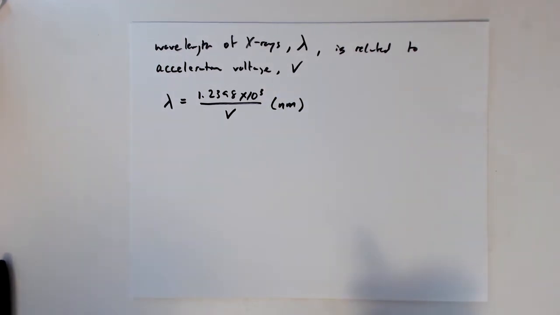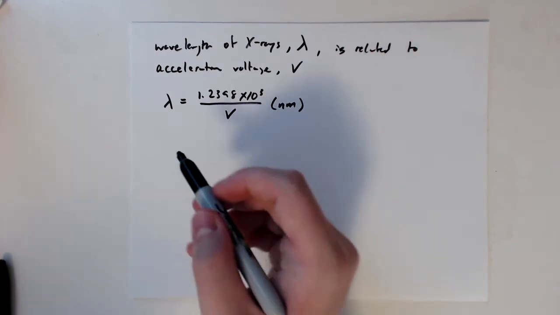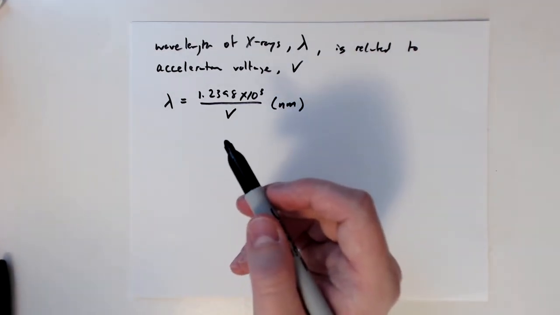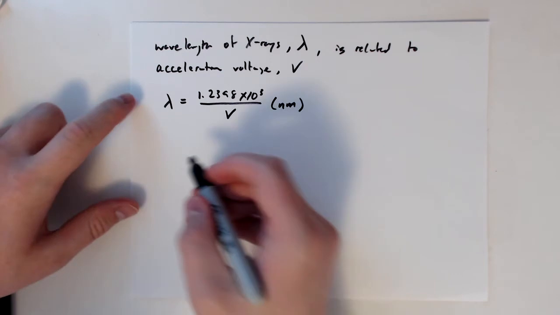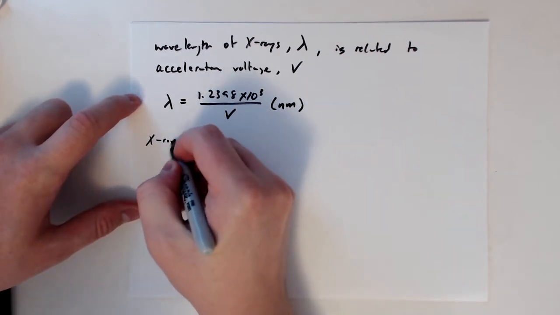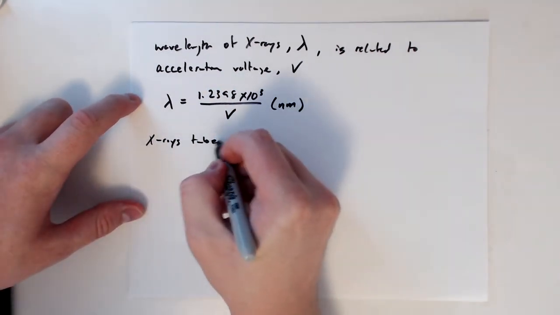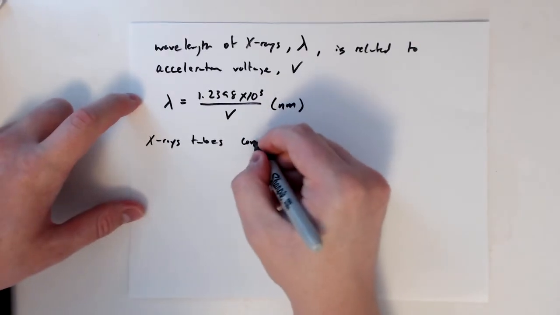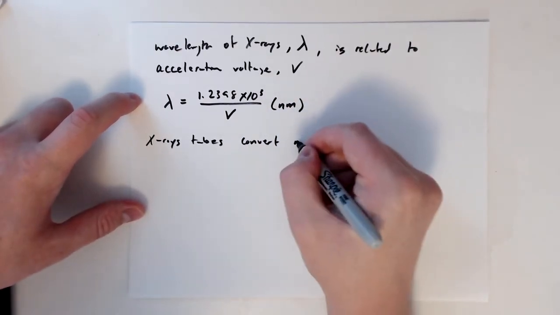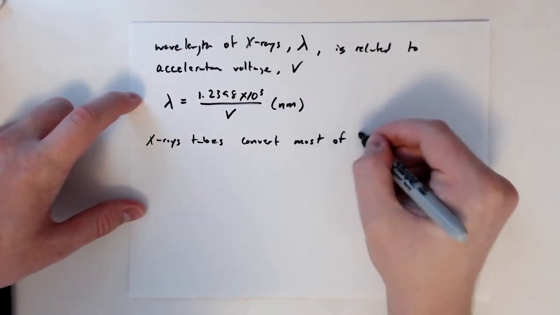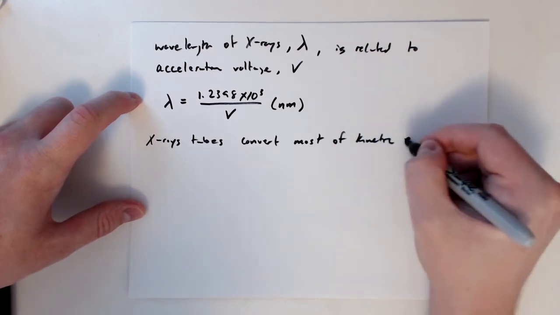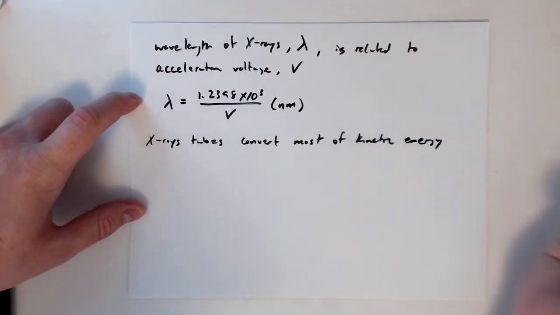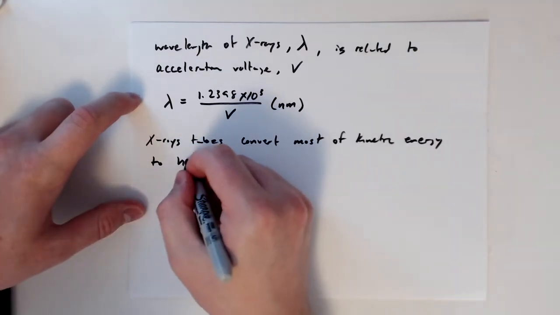All right, a little bit more about that tube design. You saw the cooling apparatus on the design. And so X-ray tubes convert most of that kinetic energy, so this is the kinetic energy of the electrons, to heat.